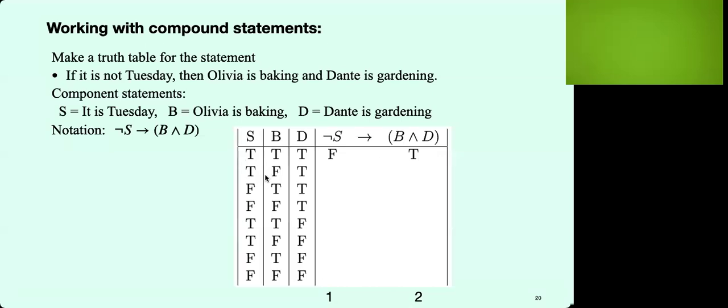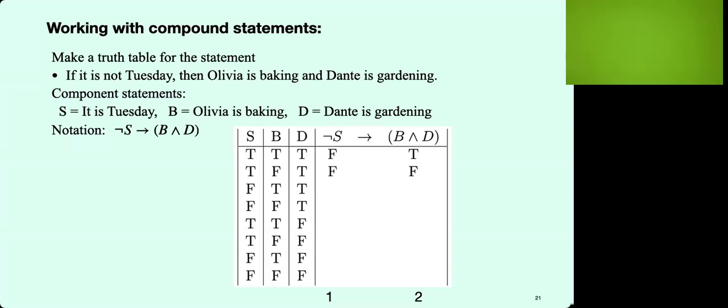In the second row of the truth table, S is true, B is false, and D is true. So not S is going to be false, and the conjunction B and D is going to be false because B happens to be false. And the conjunction is true if and only if both of the two component pieces are true. Okay, so false and false for column 1 and column 2 in our truth table.